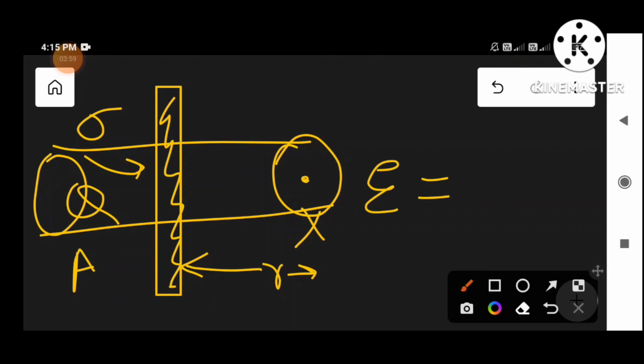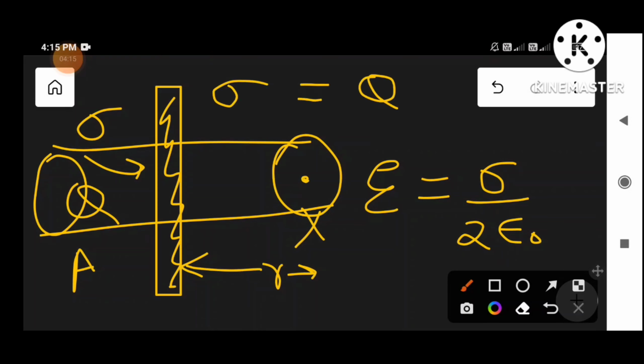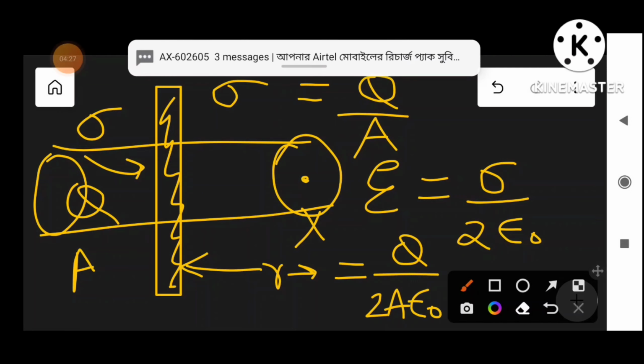I'm not delving into deriving it as an application of Gauss law. So we get the expression as the surface charge density upon 2 epsilon naught, or you can say that the surface charge density is basically total charge upon the cross sectional area. So you can express the electric field as equal to the total charge upon twice area times the epsilon naught constant.